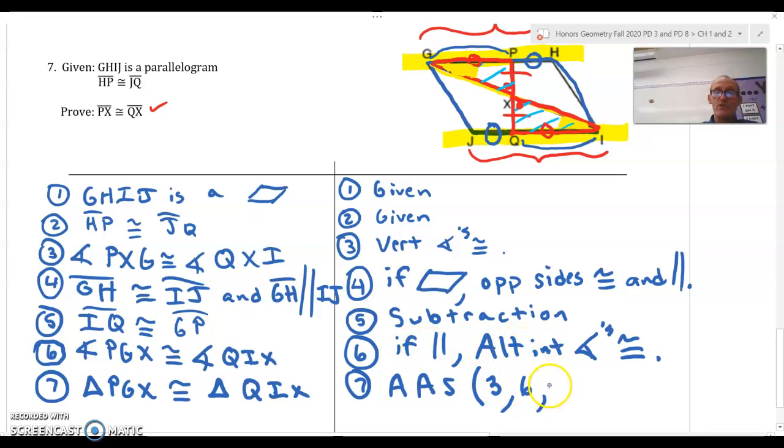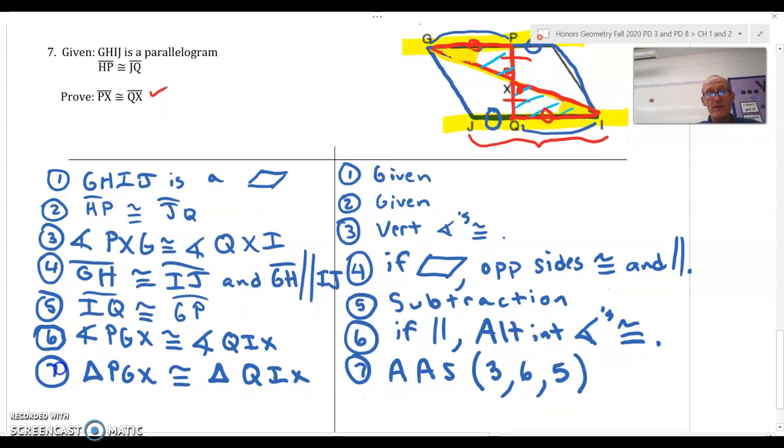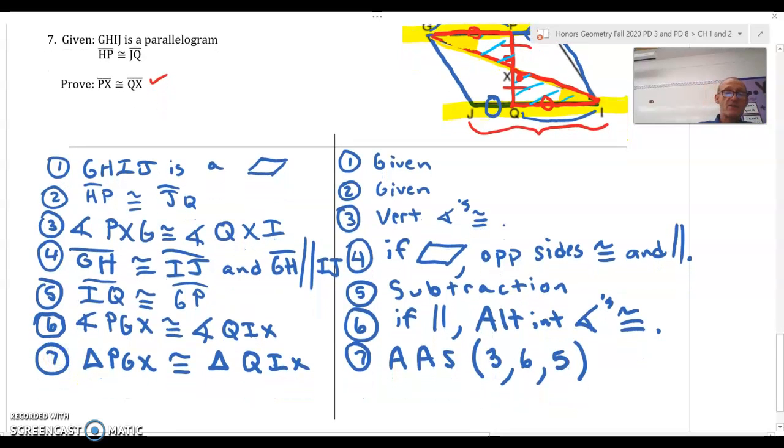And then the side was 5, we got by subtraction. Okay? All right, well that'll do it now because we can say that PX and QX are congruent by CPCTC. PX congruent to QX, and you can see they're up here too, PX, QX, and that is by CPCTC.